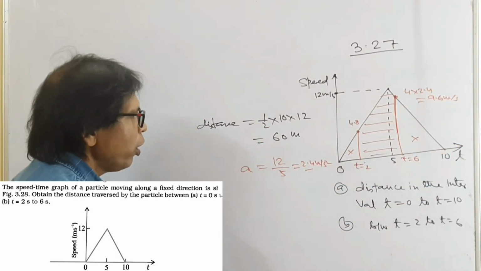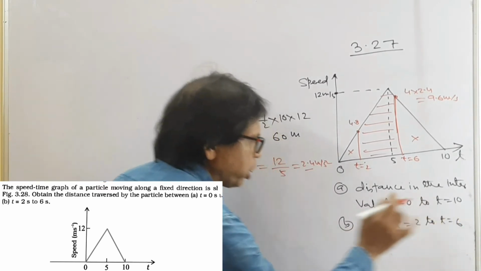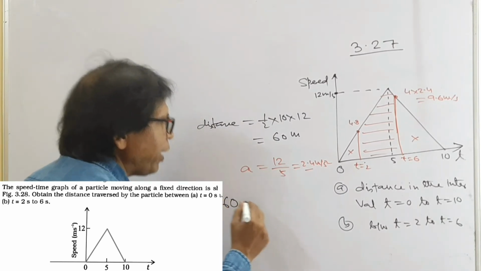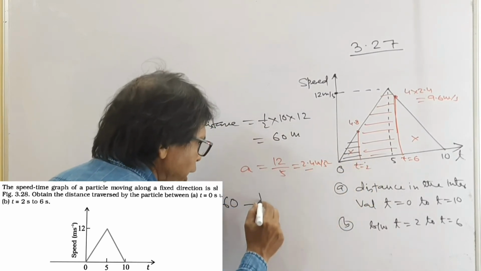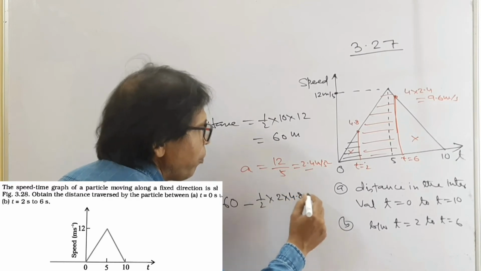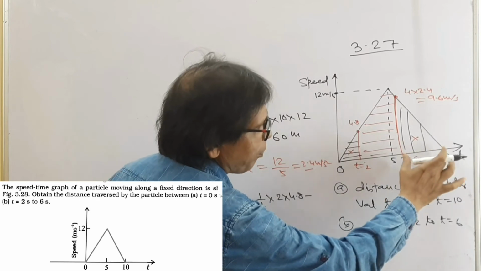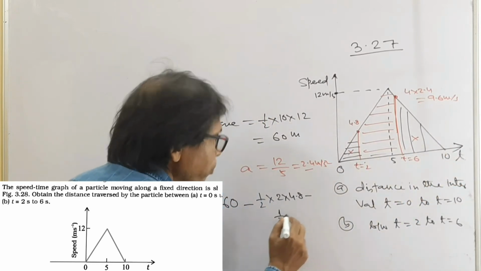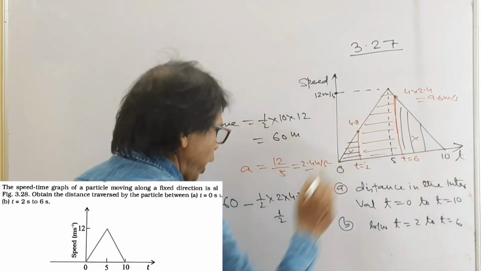Okay, now the distance covered between t equal to 2 to t equal to 6 is equal to total area, this is 60, minus area of this portion. Area of this portion is half into base 2 into altitude 4.8, minus area of this portion, where base is 4 (from 6 to 10) and altitude 9.6.